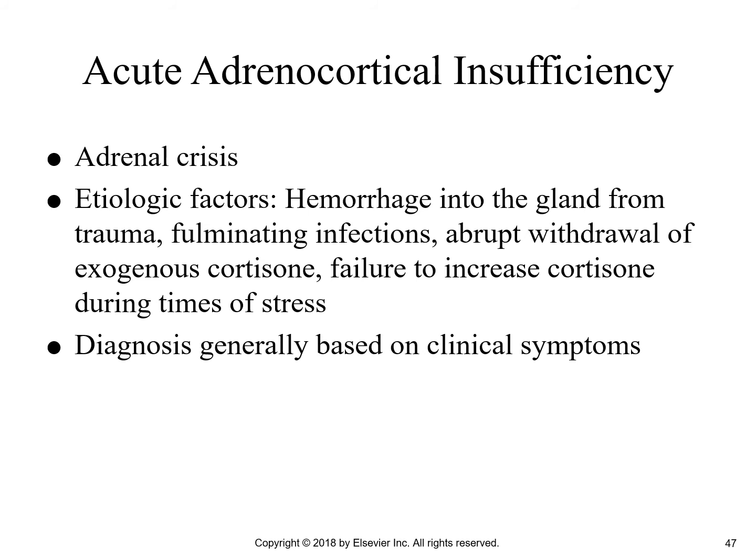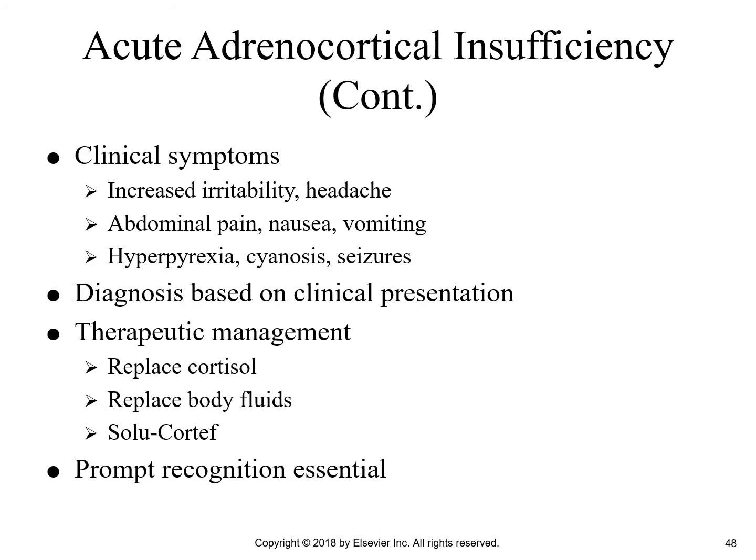Diagnosis is generally based on the clinical symptoms, which would be increased irritability, headache, abdominal pain, nausea, vomiting, hyperpyrexia, cyanosis, and seizures. The diagnosis, again, is based on clinical presentation. Therapeutic management: replace cortisol, replace body fluids, and use Solu-Cortef. Prompt recognition is essential.